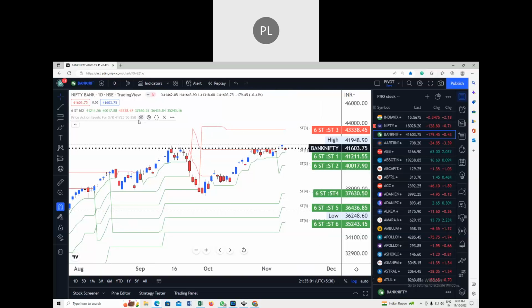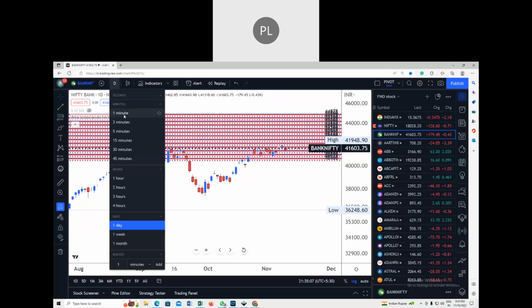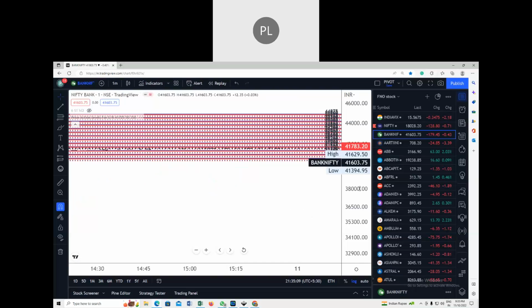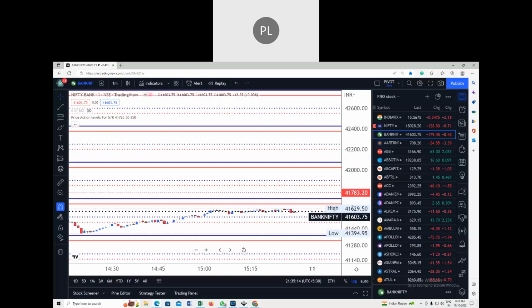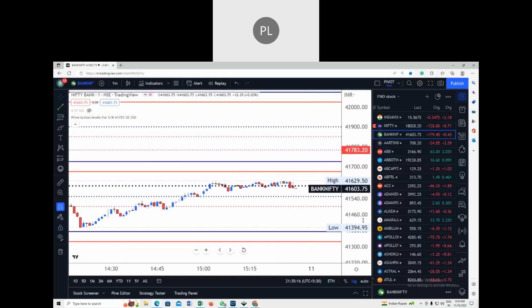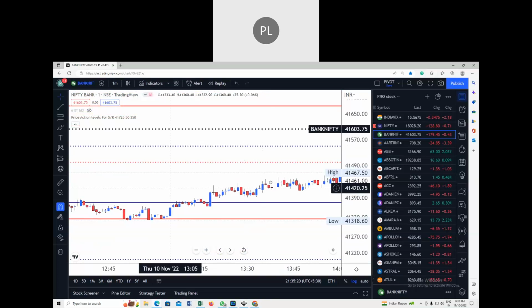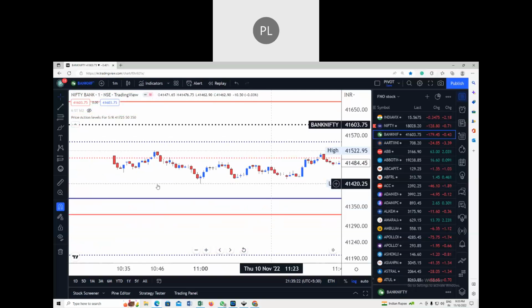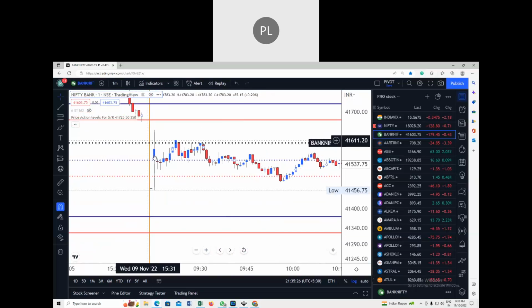Now, if I go into the price action on a 1 minute chart, if you go to today's day, the market opened in between this red line and blue line. We would have sold at this red line and bought at this line.